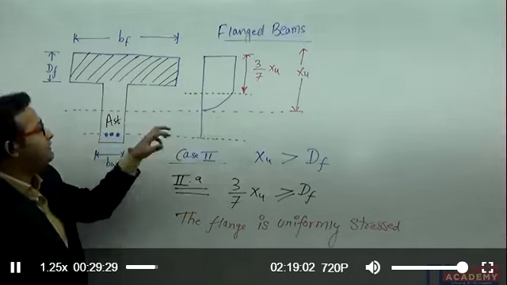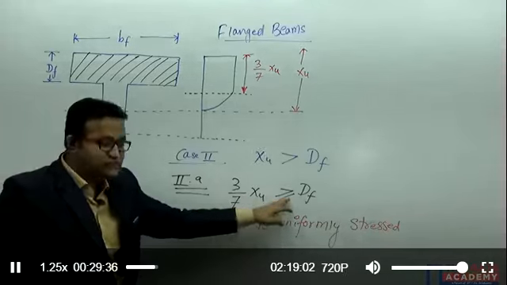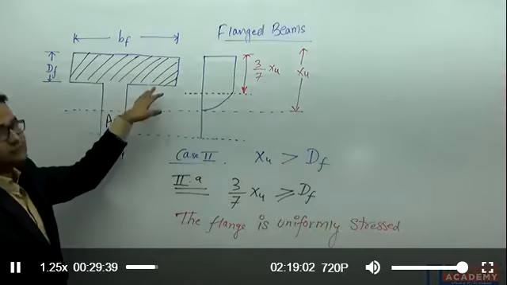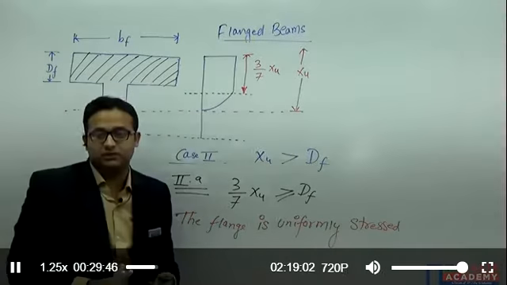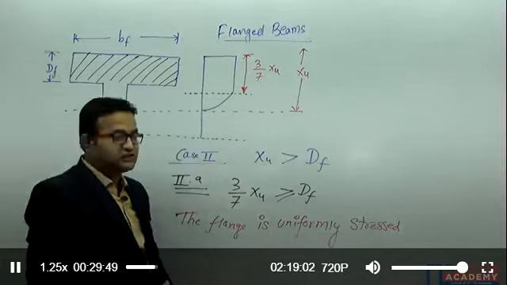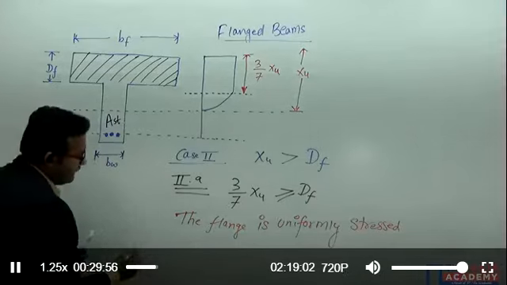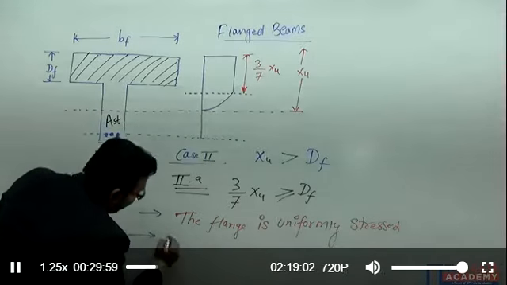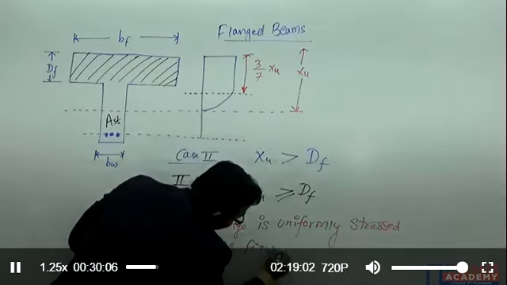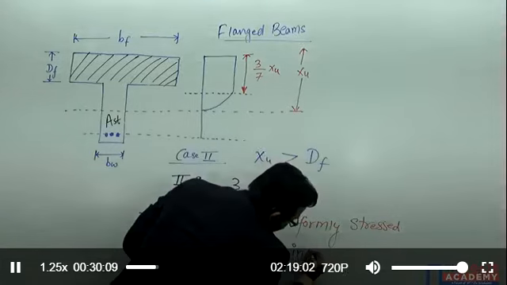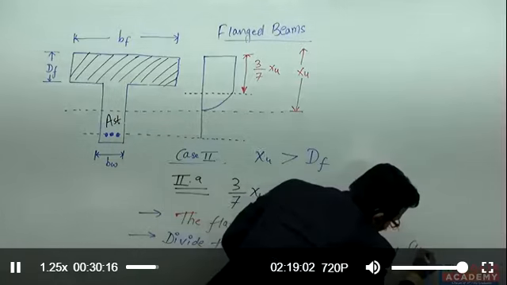So if the depth of the neutral axis is greater than the depth of the flange, and 3/7 of xu is also greater than or equal to the depth of flange, then the flange is definitely uniformly stressed. It's called uniformly stressed. So how to analyze this? The very simple way is to divide the figure into the web and flange portion.